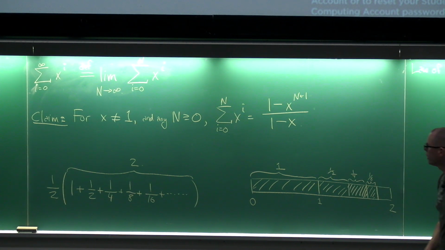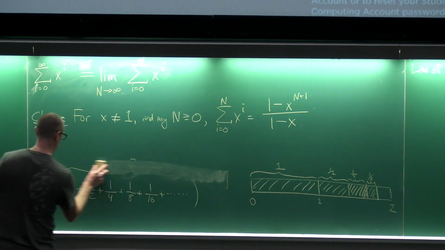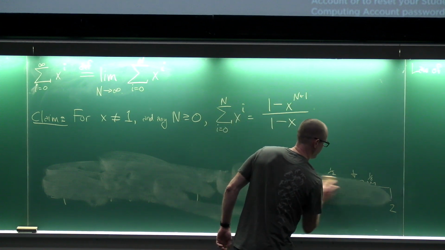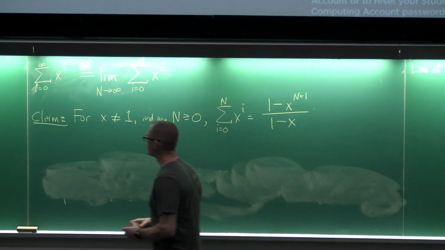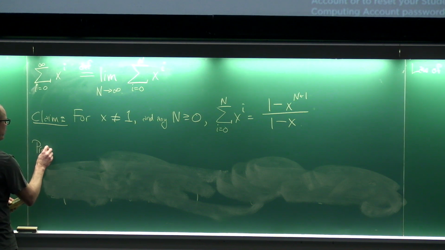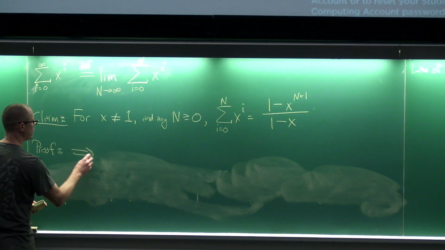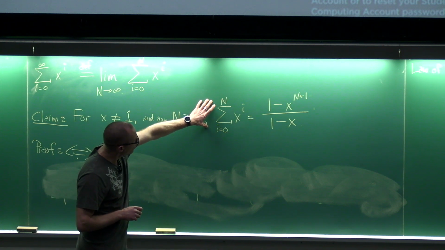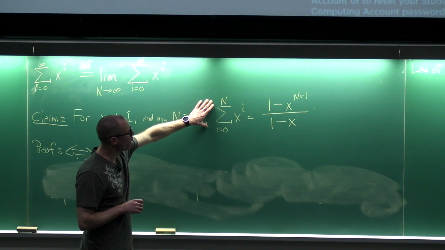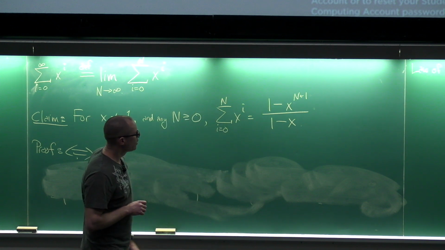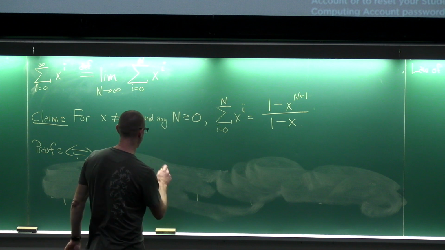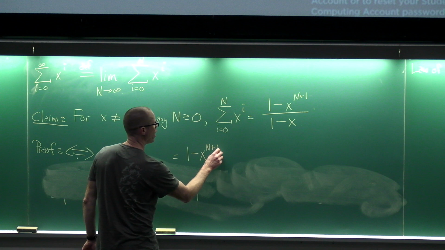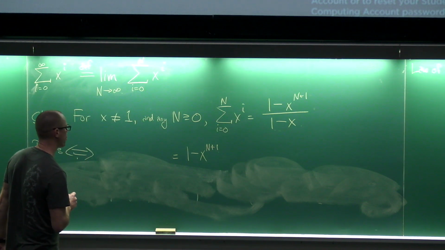How do you prove that? Let's just rewrite that. That's the same thing as saying that we take this thing that we would like to prove and multiply both sides by 1 minus x. So 1 minus x will disappear from the right-hand side, and we'll just have 1 minus x to the n plus 1, but we'll lose it in the denominator.